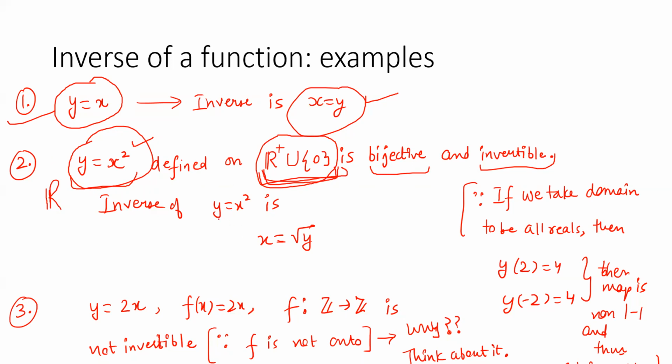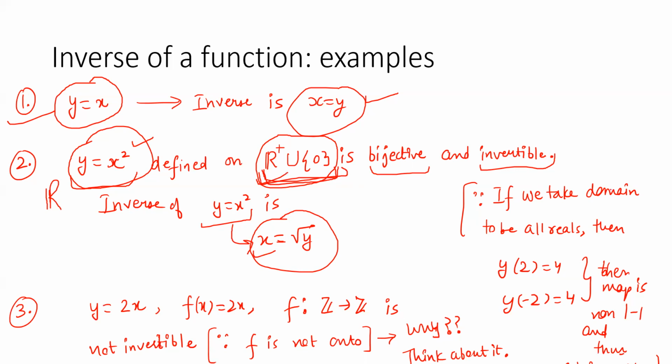And then the inverse of this function is this, because when you try to find x in terms of y from this expression, you get x is equal to square root of y, and the square root of any real number is always positive. Obviously, y is already positive, but the square root of it is also going to be a positive quantity. That gives us the idea that x has to be positive. That is why the domain is positive reals.